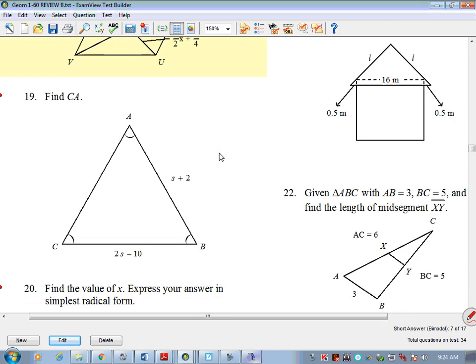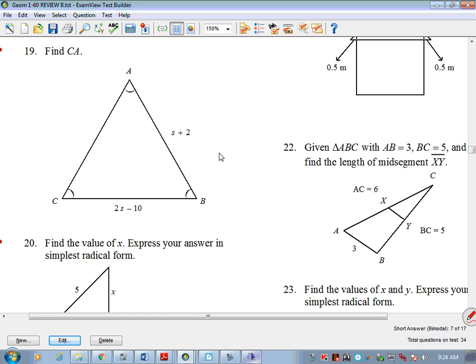All right. 19. 19 comes from lesson 51, properties of isosceles and equilateral triangles. It says find CA.